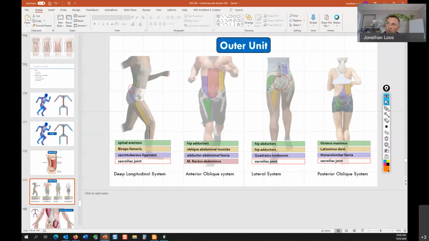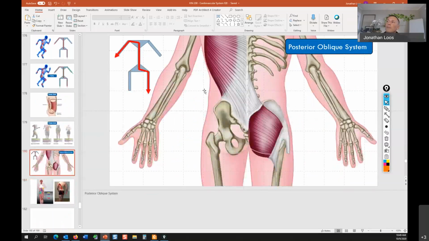And it's not so much the strength of these individual muscles, but how well these muscles work together. Like if we look at the posterior oblique system, which I did in the video, you can see that the latissimus dorsi and the glute max work through the thoracolumbar fascia. In gait, with the arm going forward and the leg going back, this one is generating force, and this one is absorbing force.